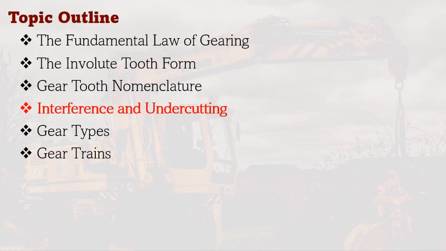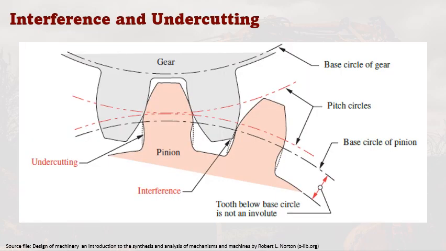So now that we know the different gear tooth nomenclature, we can now proceed to interference and undercutting. The involute tooth form is only defined outside of the base circle, if you can still remember. In some cases, the dedendum will be large enough to extend below the base circle.